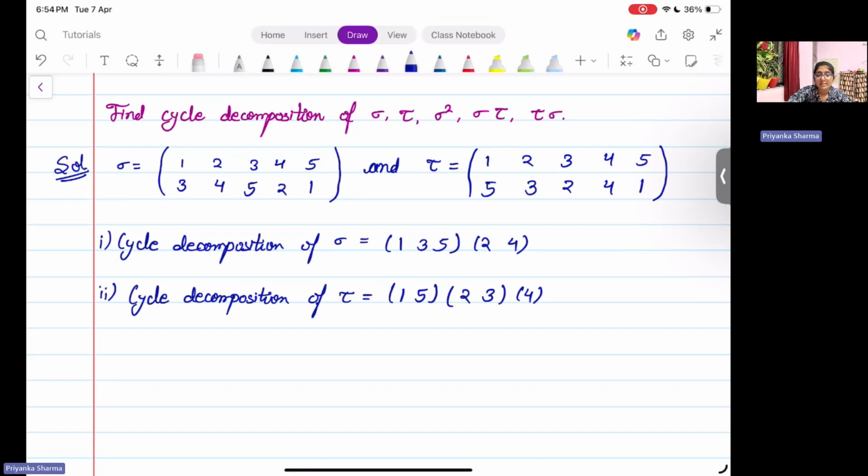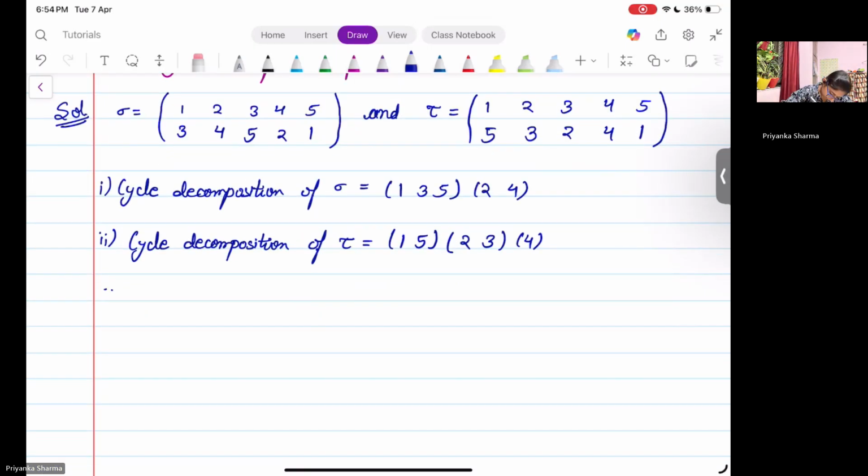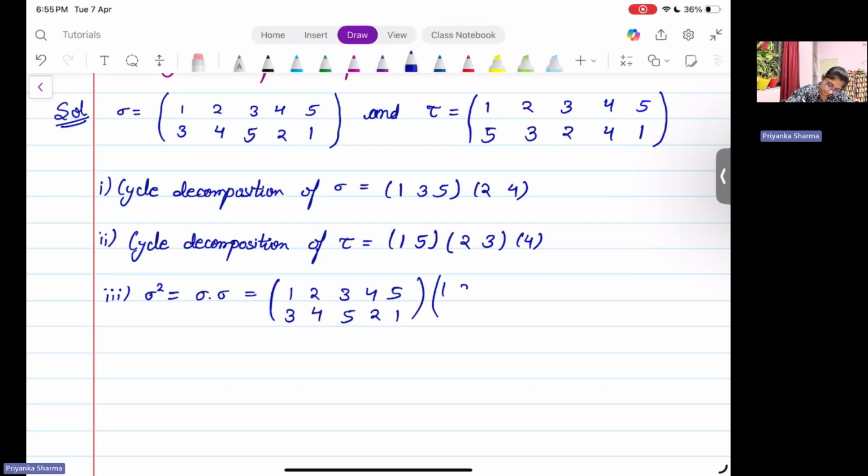Now, to find the cycle decomposition of sigma square, first we need to find what sigma square is. Sigma square is sigma into sigma, that is 1, 2, 3, 4, 5, 3, 4, 5, 2, 1, and again 1, 2, 3, 4, 5, and 3, 4, 5, 2, 1.